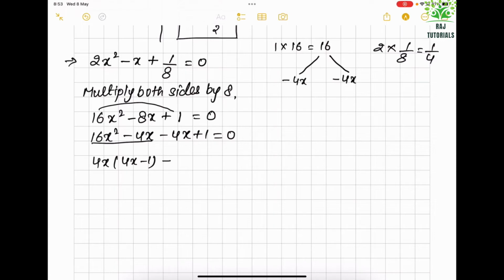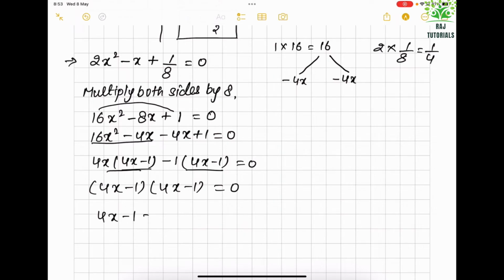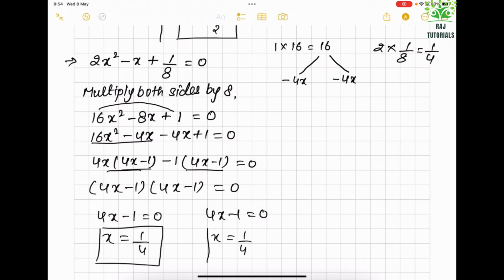From the second two I am taking minus 1 common, so minus 1(4x minus 1) equal to 0. So this bracket is common, so I am taking it common: (4x minus 1)(4x minus 1) equal to 0. So I can say 4x minus 1 equal to 0, and the other bracket is also the same. So x will be 1 by 4, x is 1 by 4. So in both cases I got the same answer.